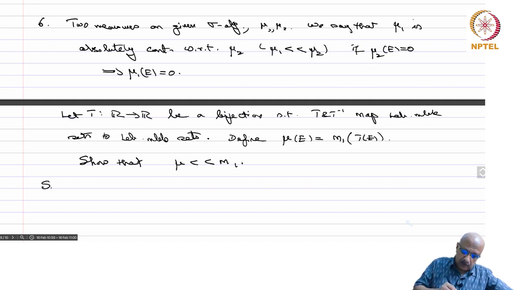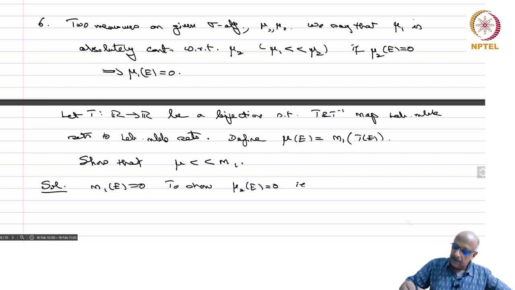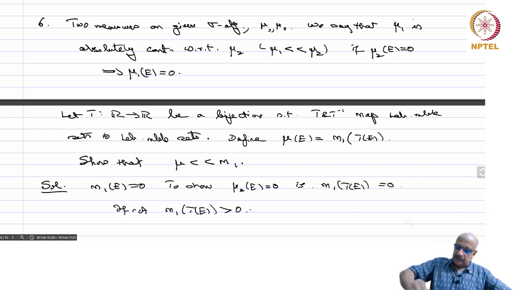So solution. Let M1 of E be 0. To show mu of E is 0, that is M1 of TE is 0. If not, M1 of TE will be strictly positive.